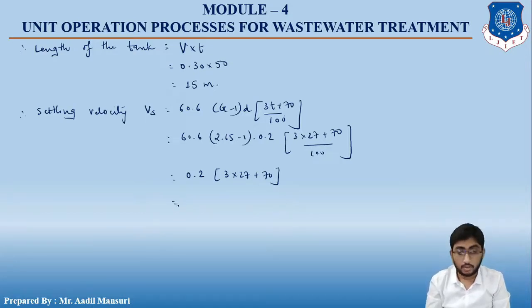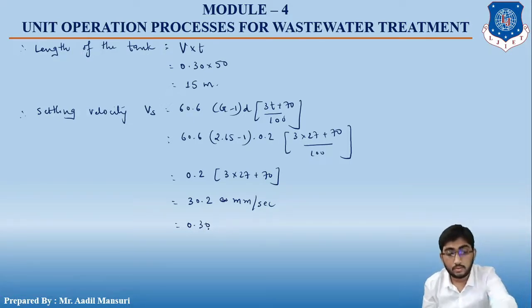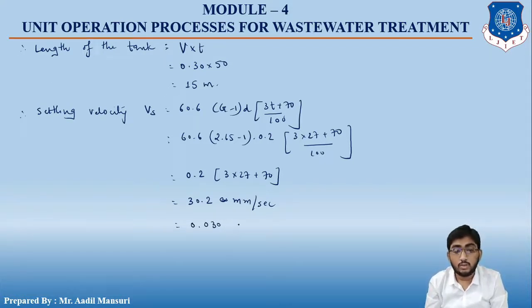So this will be equals to 30.2 mm per second, or this will be equals to 0.030 meter per second, right? So settling velocity will be 0.03 meter per second.